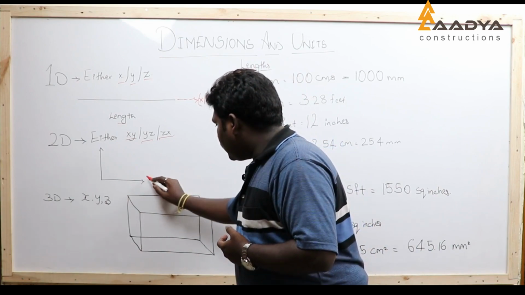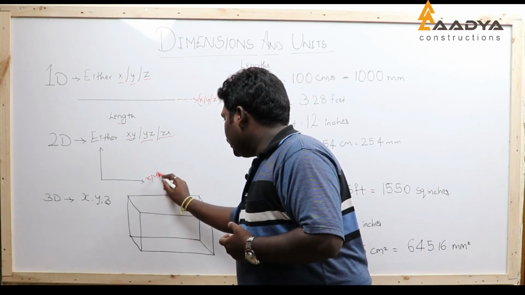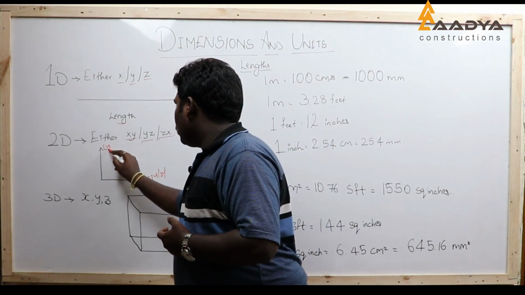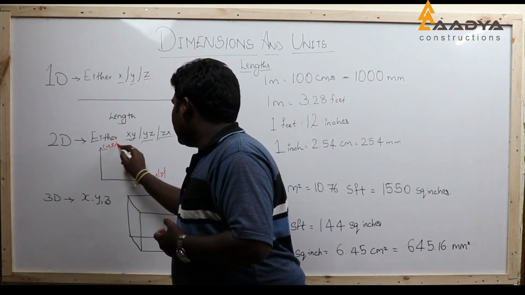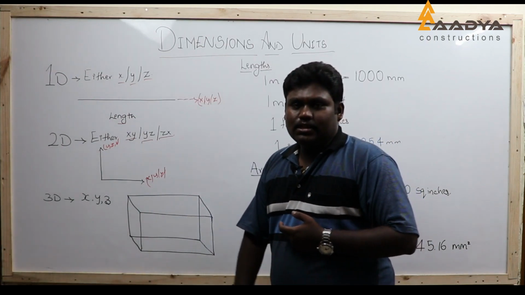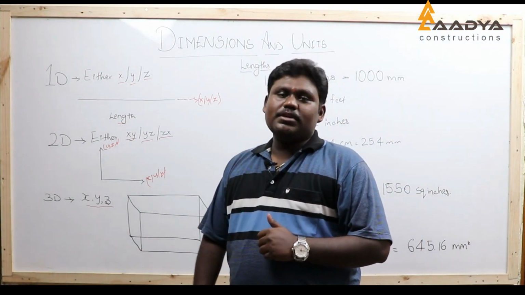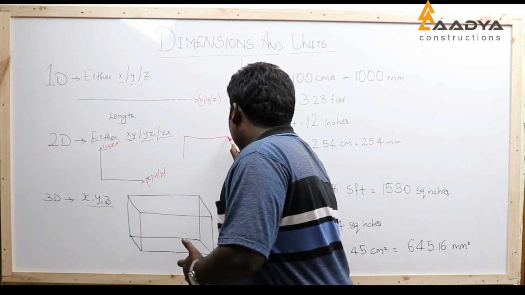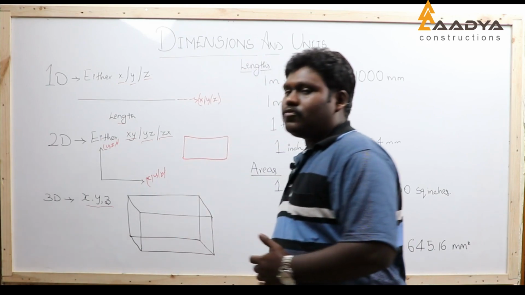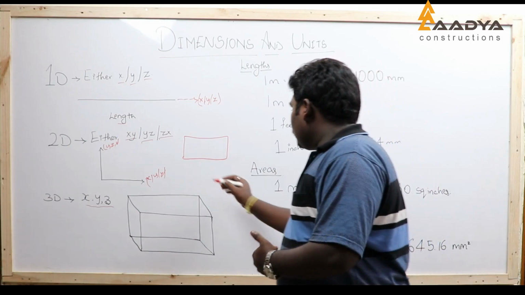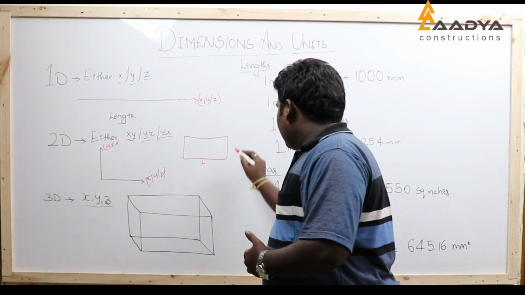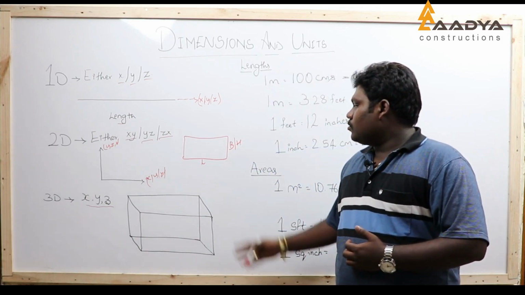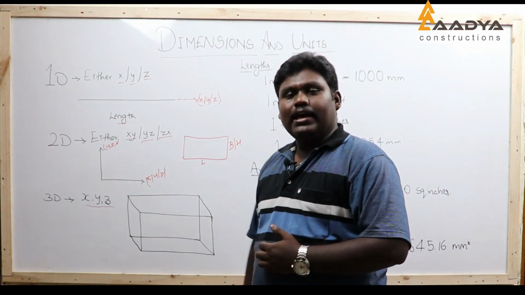One may be either X, Y or Z, and the other one being the parallel one, Y, Z or X. So basic measuring units in two-dimensional will be areas. When we consider a two-dimensional figure, it will be something like this. Here you can measure length. This might be either breadth or height. So when we multiply both of them, we get areas.